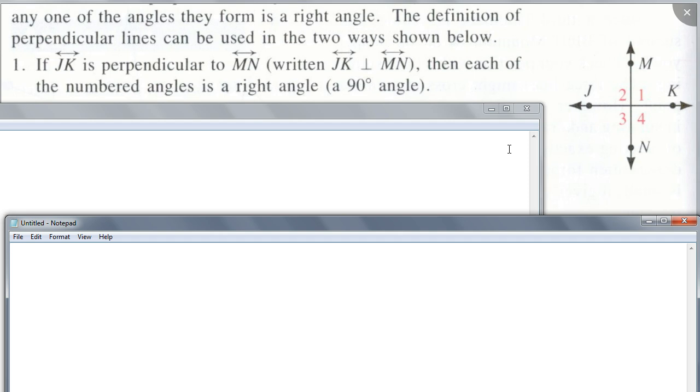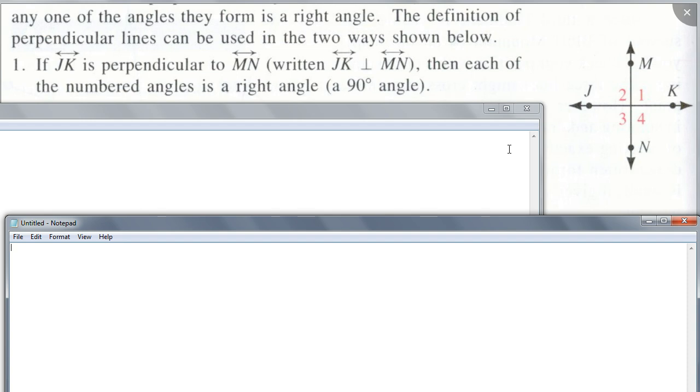All those four angles are 90 degrees. Does that make sense? And it's because of the definition of perpendicular. Hey, you guys remember back when we were talking about biconditionals? If you have definitions, we could always use definitions as biconditionals. You remember that?